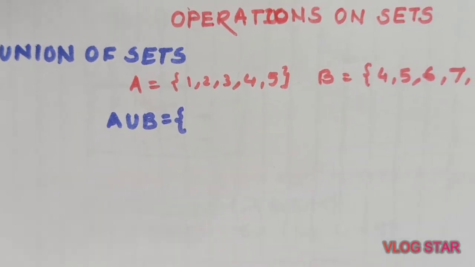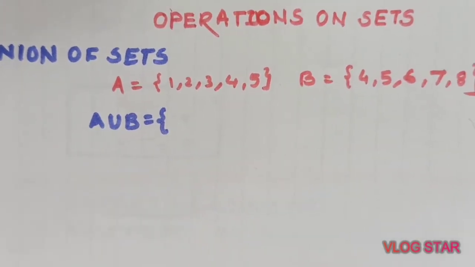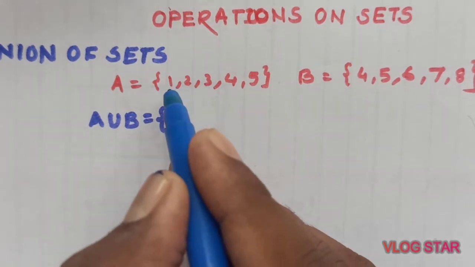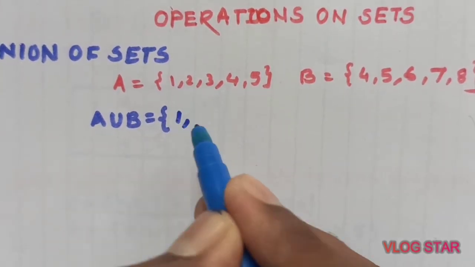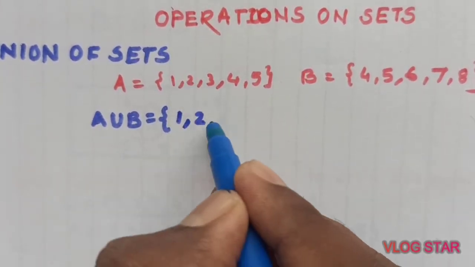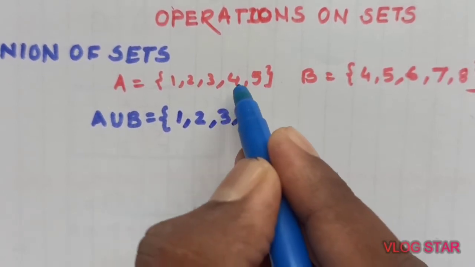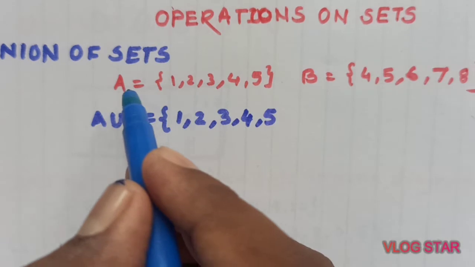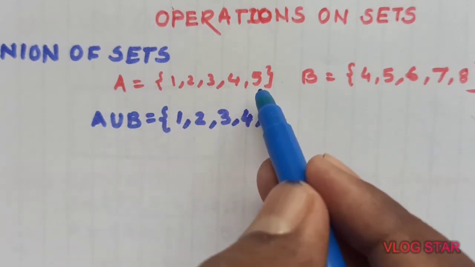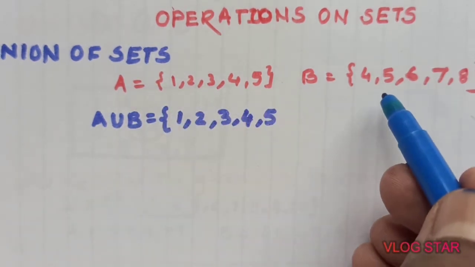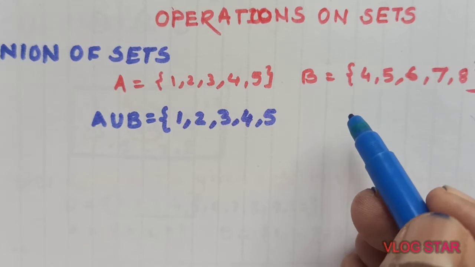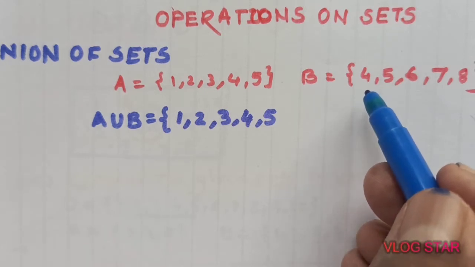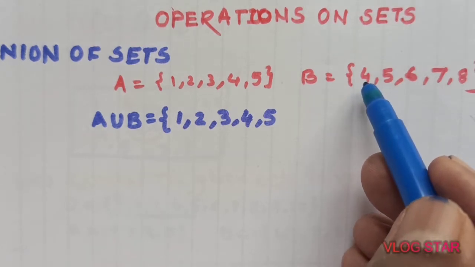Okay, so check it. So 1, then I will take 2, 3, 4 is here, 5 is here. I have taken all elements from A. Now I will add all elements from B, but make sure we should not repeat any element. Can I take 4?